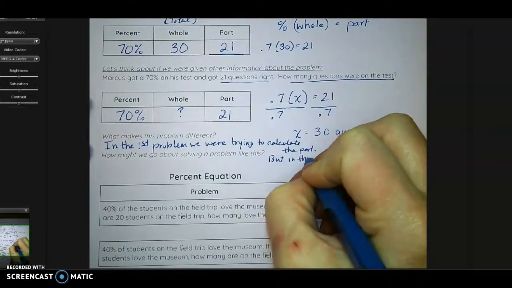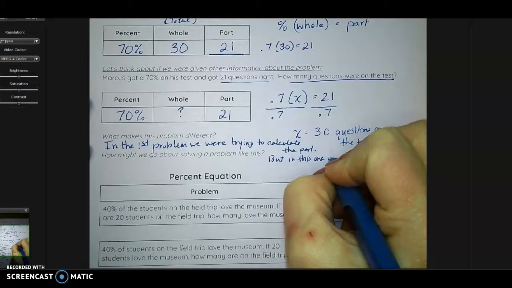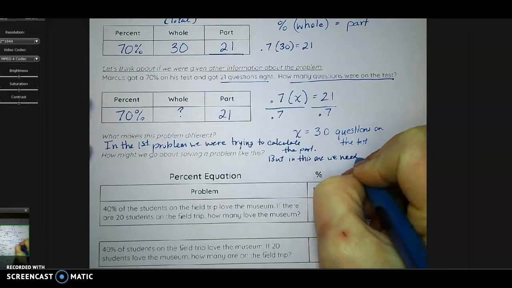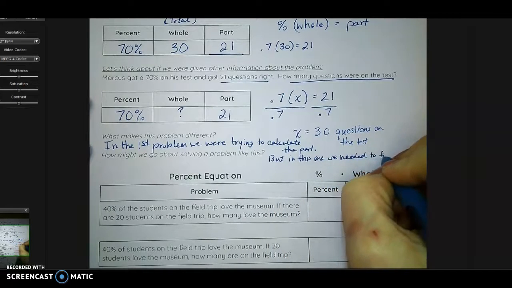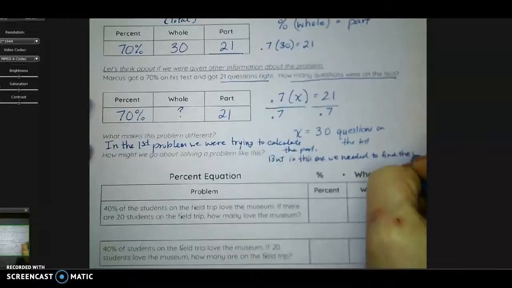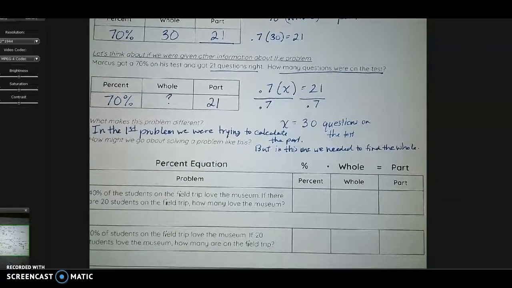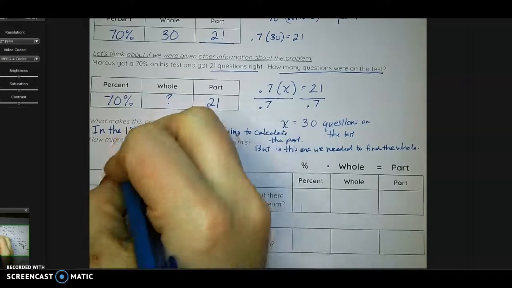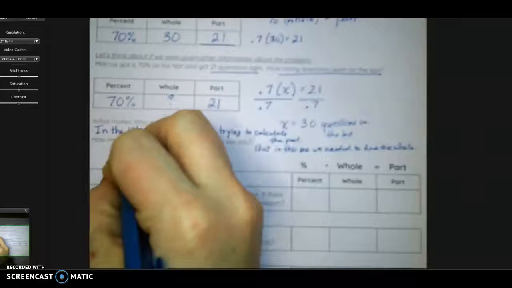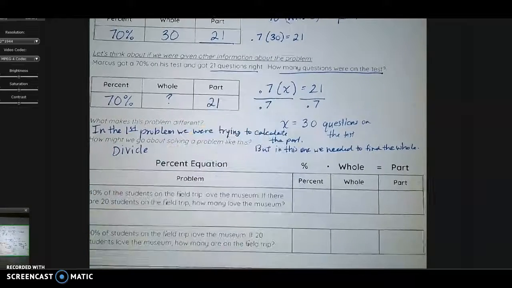But in this one, we needed to find the whole. We can also think about that as the original or the total. So how do we go about solving a problem like this? Well, we figured out instead of multiplying, the second type of problem we might need to divide to find the answer.